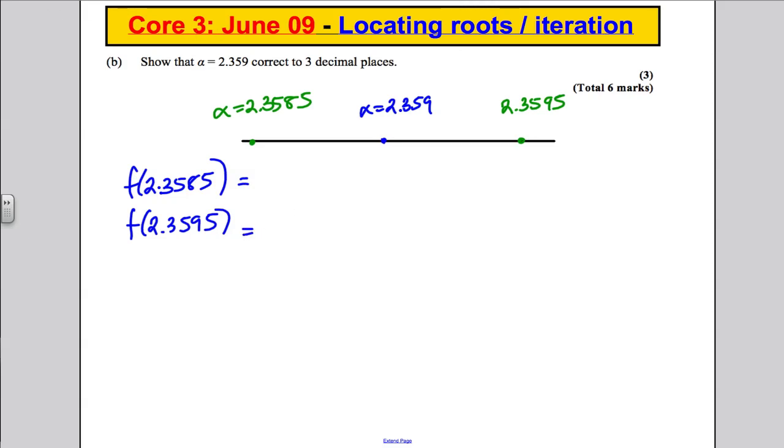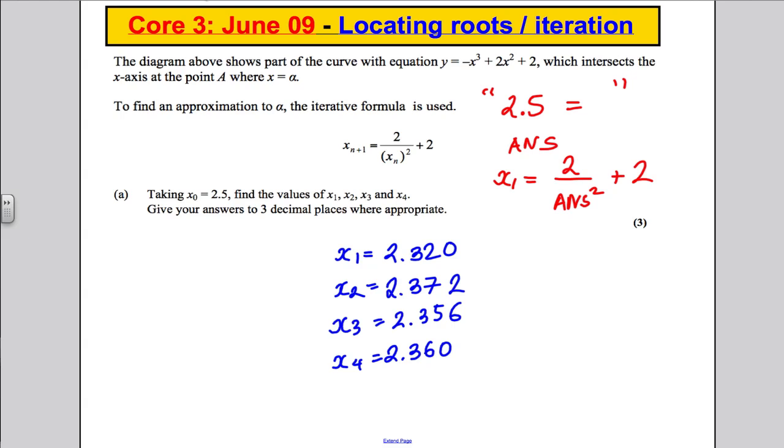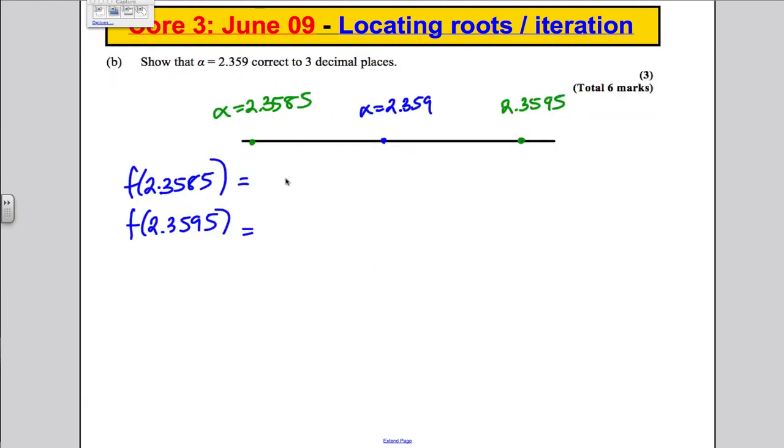Now what is our f here? Let's go back and get our original f, or our function. That's our original f there. So just going to copy that onto the next slide. That's our f. So we tap that into our calculator for these particular values, we should get the following.